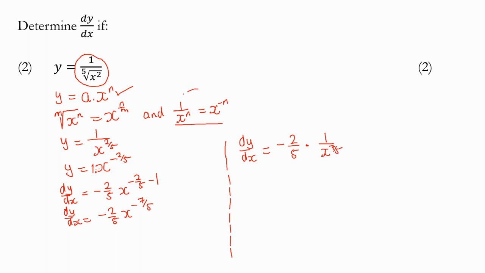Going back to this one here. You see that? Okay, right. And then this is dy/dx equals negative 2 over 5 times 1 over x to the power 7 over 5. Done. Okay, right. So we're going to do 5c in our next video.